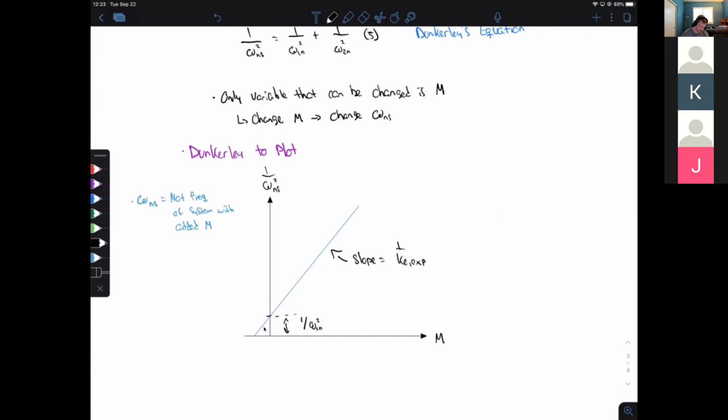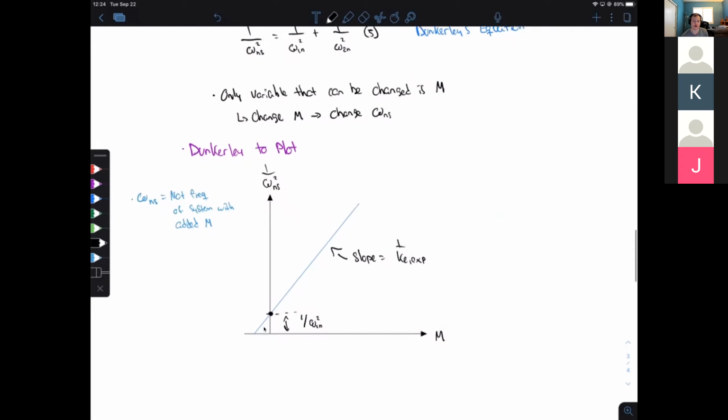Okay, and then from our intercept right there with the vertical axis, that'll be equal to 1 divided by omega 1n squared, and that'll be the experimental natural frequency for the beam alone. Okay, so we can find that.